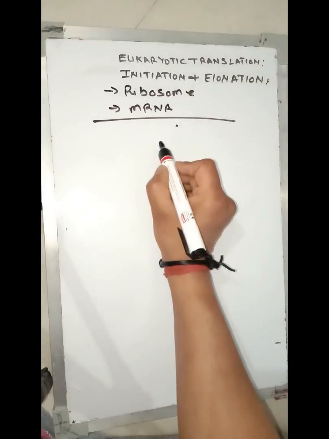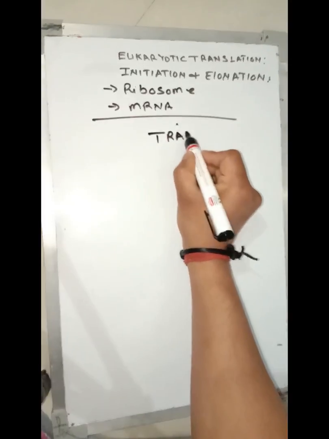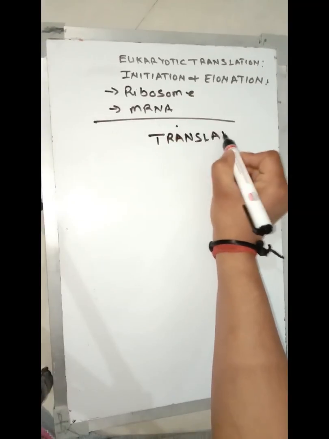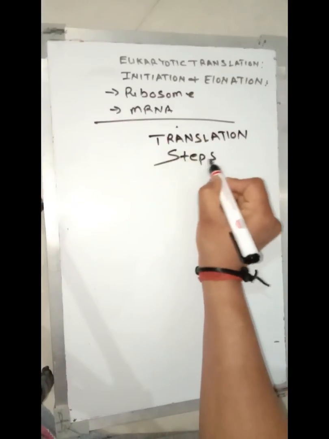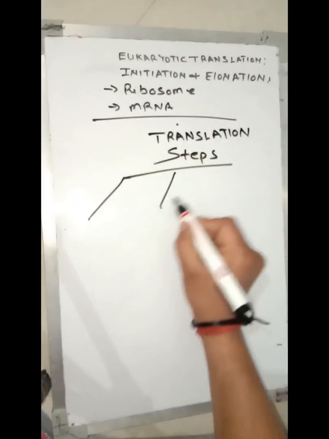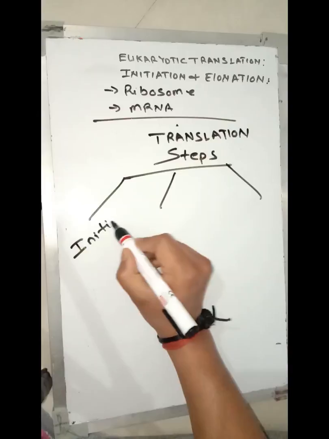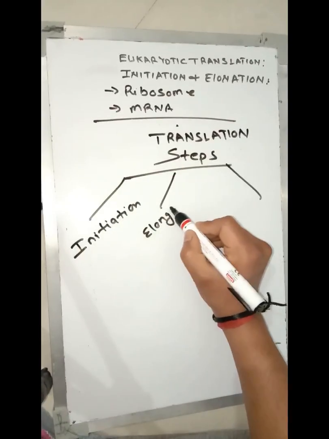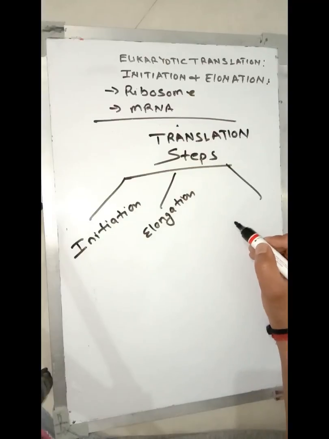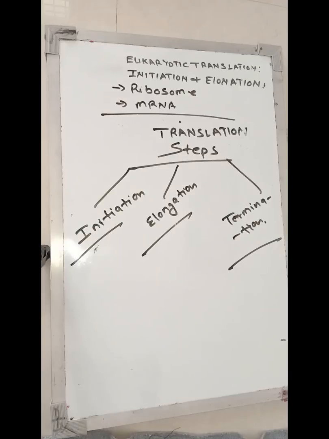Now we'll discuss the translation steps in eukaryotes. It is divided into 3 steps. One is initiation, elongation and termination. Let us discuss the initiation step first.